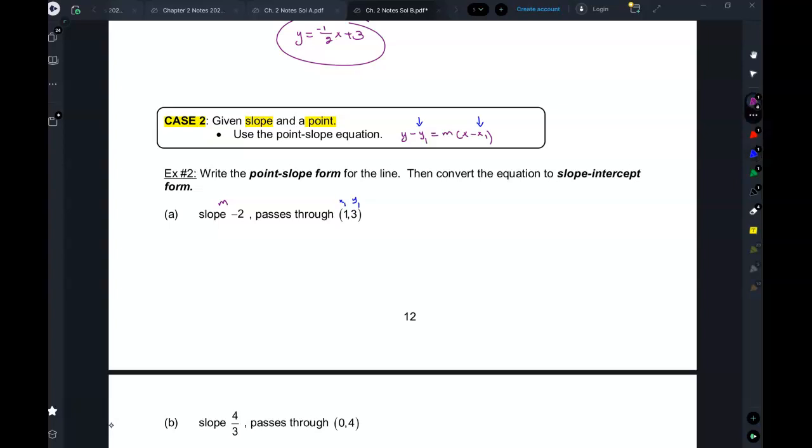So, y minus y1, what number do I put there? 3 equals, m is -2, x minus, what's x1 here? 1. Yeah? Okay, this right here is the point slope form.